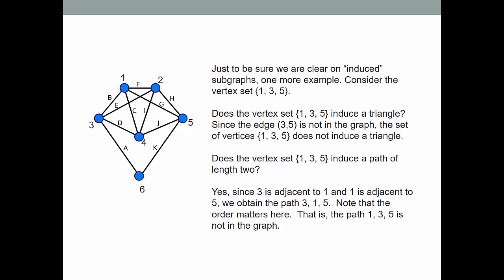So the vertex set 1, 3, and 5 induces a path of length 2. Notice that 1 is adjacent to 3 and 1 is adjacent to 5. So if we were to traverse this path of length 2, we could go from 3 to 1 to 5. We could not go from 1 to 3 to 5. So even though we selected the set 1, 3, 5, the order in which we traverse is going to make a difference in our next example.